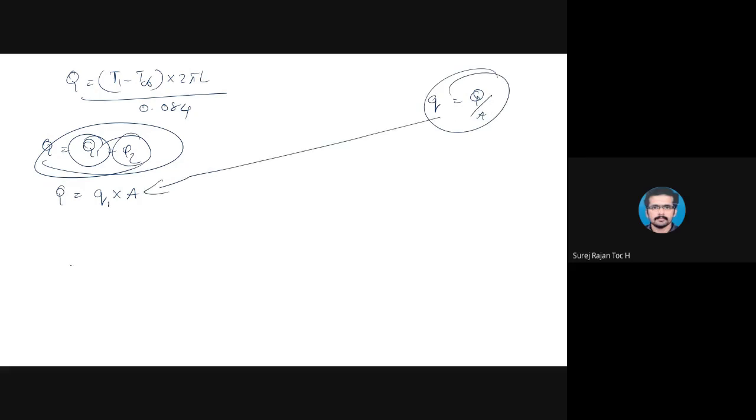Q is equal to Q1 into that area, where Q1 means the heat flux of the first mode, conduction.